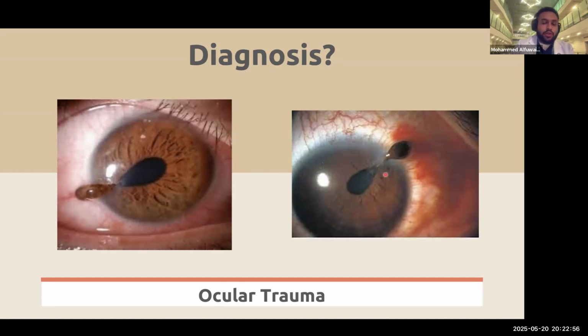Now, one thing about ocular trauma that I want you to remember is chemical burns. We have two types of chemicals, acidic and alkaline. Which one is more dangerous? Acidic or alkaline? We have 50-50 in the chat. Why is alkaline more dangerous?